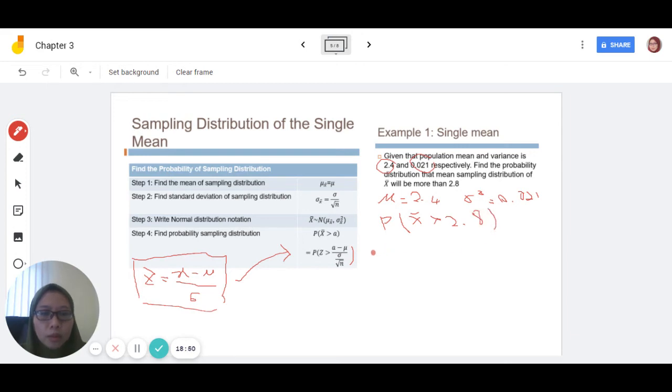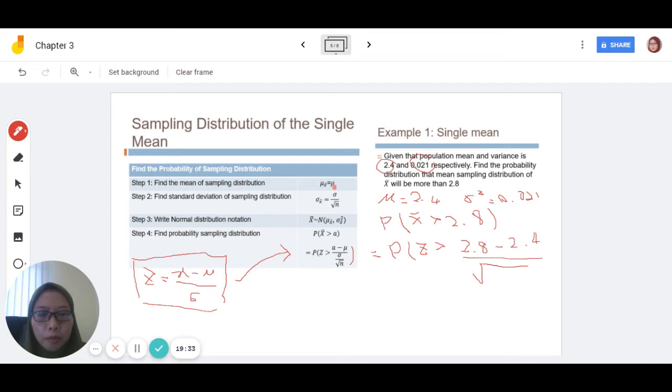We can just follow the notation and convert to Z: 2.8 minus mu, which is 2.4, divided by the standard deviation.